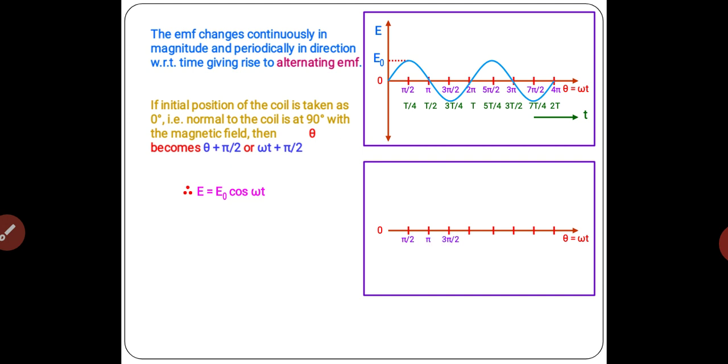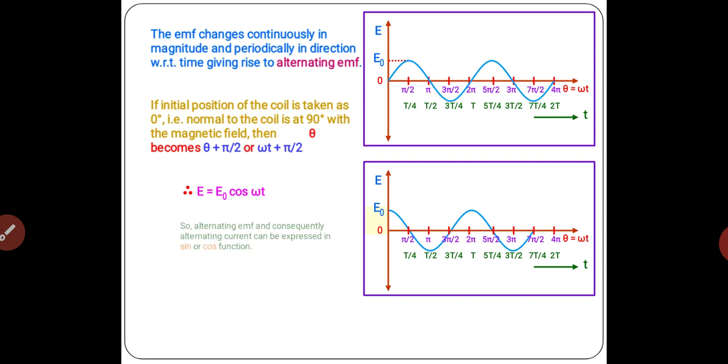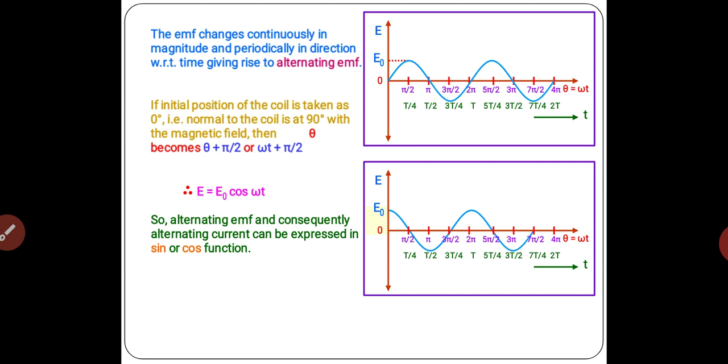The variation of E with respect to time is given as shown in this diagram. So alternating EMF and consequently alternating current can be expressed as sine or cosine functions. This method of inducing EMF is the basic principle of generators.